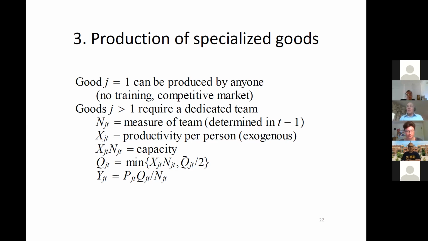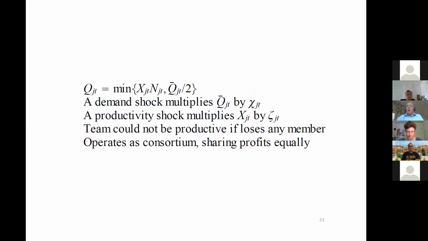Otherwise, they're limited by capacity. And then I'm going to assume that they potentially add workers to the team. You can't fire anybody, but you can potentially add workers. And I assume they do so as to maximize expected profits of the team next period.